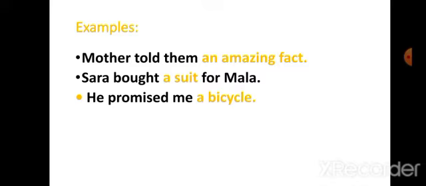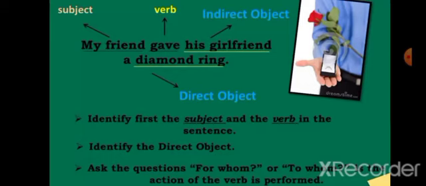If the question to, for, whom is added to the verbs, we get these objects as the answers. Told, whom? Them. Bought, for whom? Mala. Promised, whom? Me. Such objects are called indirect objects.